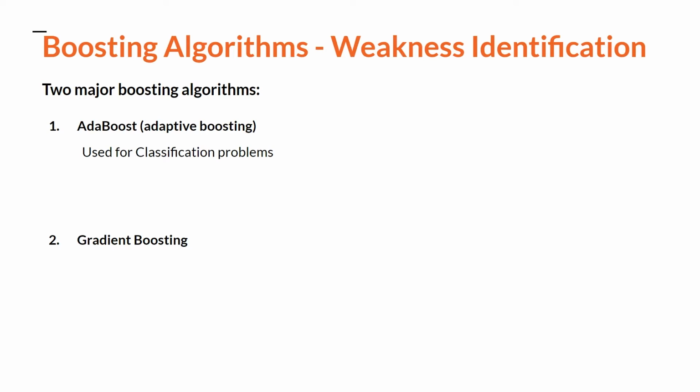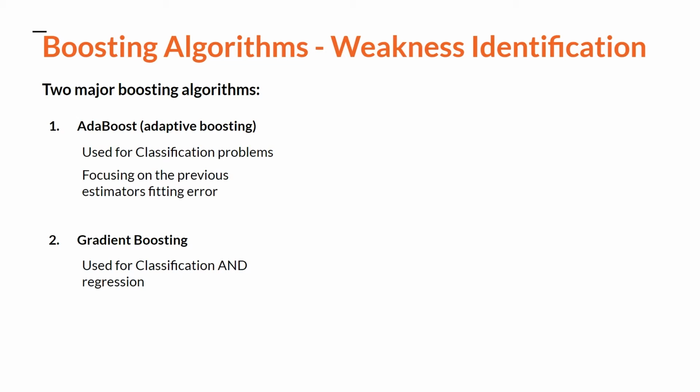AdaBoost is used for classification problems, whereas gradient boosting is used for classification and regression problems. AdaBoost focuses on the weakness of the previous estimator's fitting error. So how far off was that error? Gradient boosting focuses on the weakness between the predicted value and the actual value.